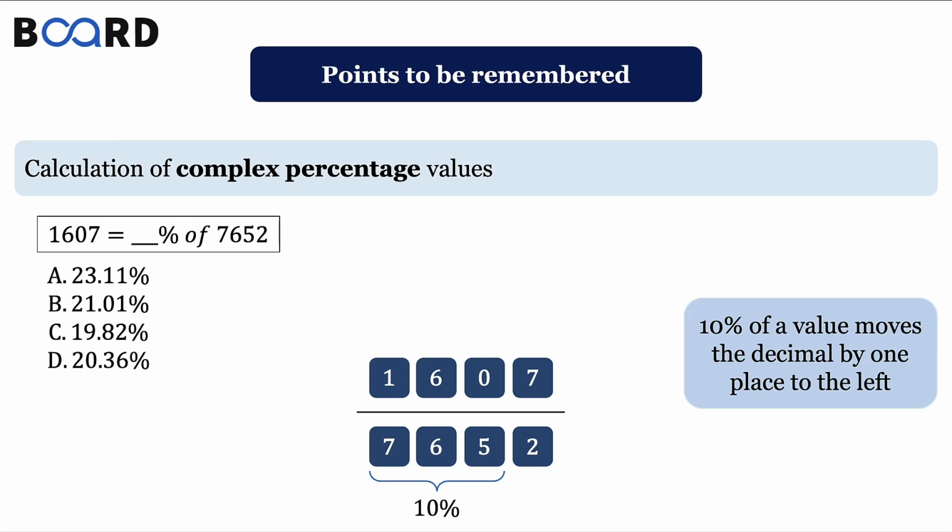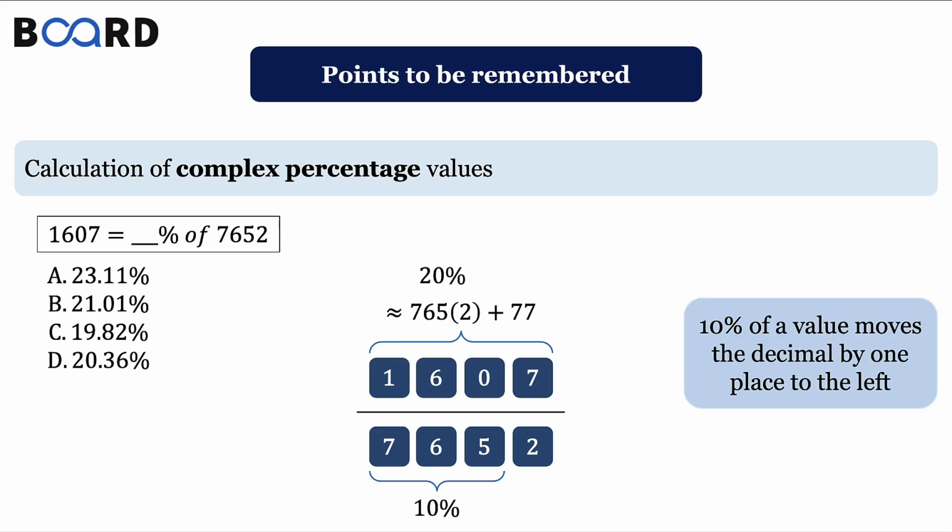But the actual value is 1607. So definitely it's more than 20%. 1607, I can write it as 765 taken twice, that is 1400 plus 130, that's 1530, plus 77. So definitely the answer has to be more than 20%, which tells me that option C cannot be our answer.